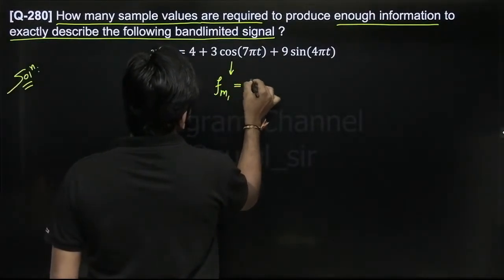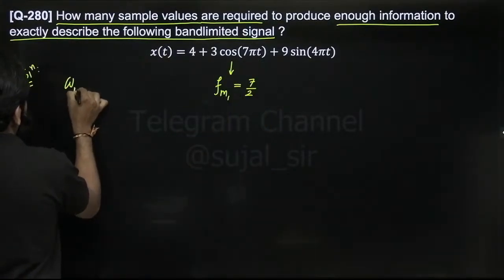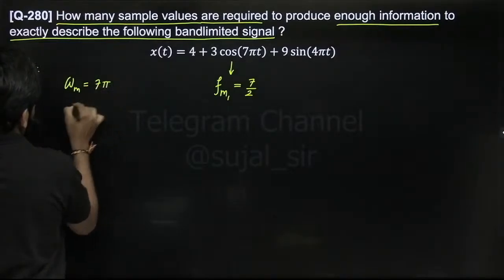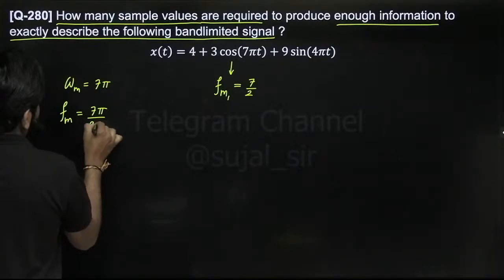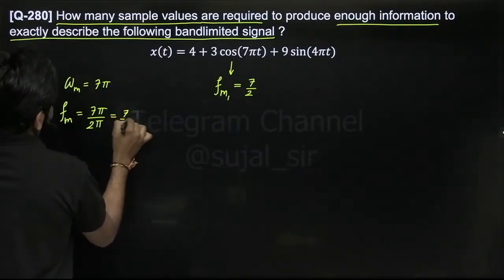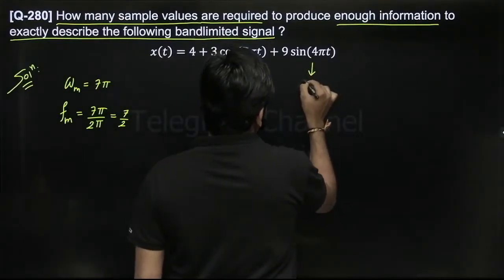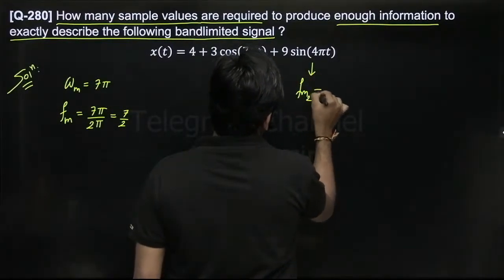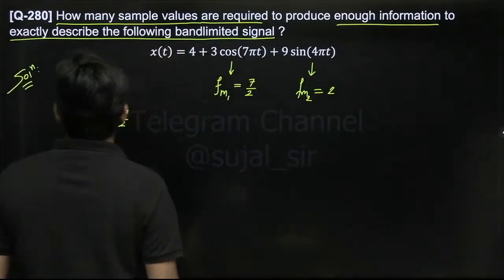Here fm1 is equal to 7 by 2: omega m is equal to 7 pi, so simply divide by 2 pi, and it will be 7/2 hertz. Here fm2 will be, dividing by 2 pi, 2 hertz. So what is the Nyquist rate?